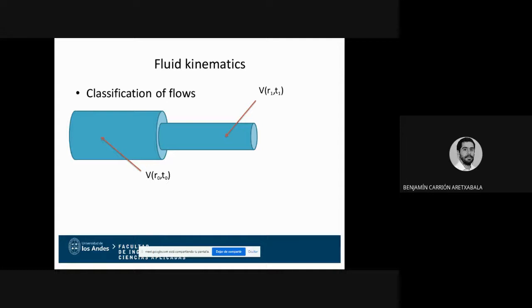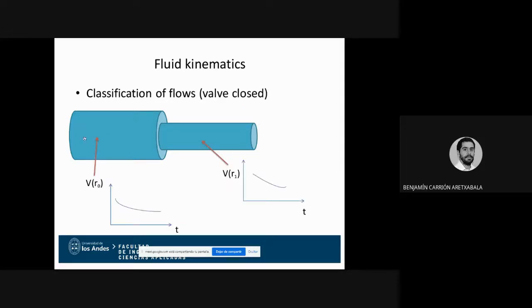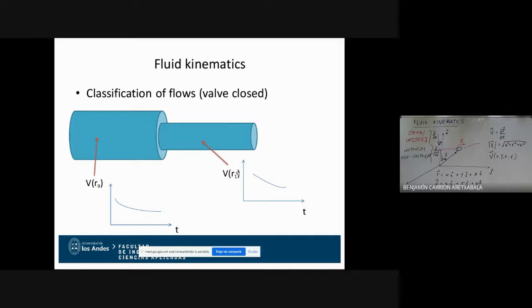And now if you start shutting down your flow, then the velocities are going to be decreasing in both sections of the pipe. But do realize that these velocities are also different. The velocity here at R1 is larger than at R0.